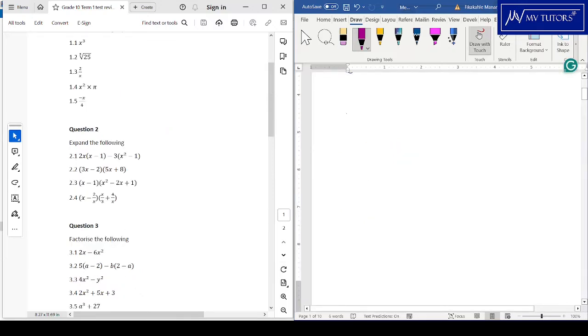Okay, let's do question 2 now. And we've got 2.1, and it says 2x(x minus 1) minus 3(x squared minus 1). The question says expand the following. So in expanding, we do just that. We expand.